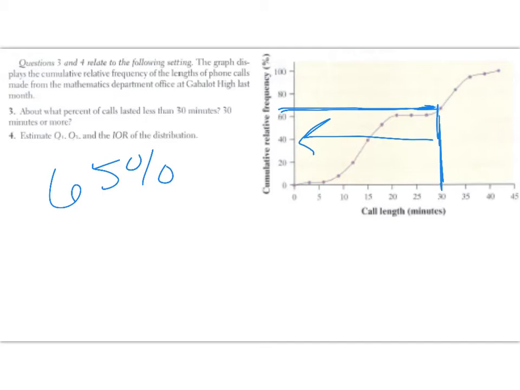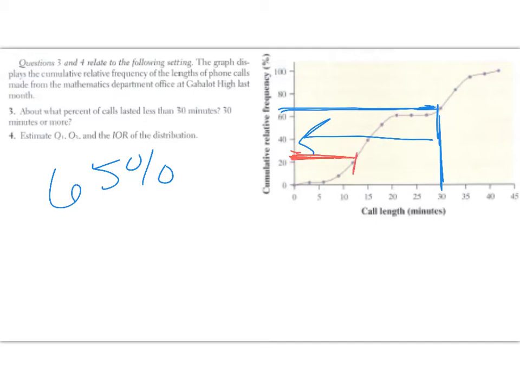So number 4 asks us then to estimate the Q1 and Q3 and the IQR of the distribution. Well, our Q1 should correlate with about 25% of our data points being encompassed there. So it's probably a little high. Let's come down some.